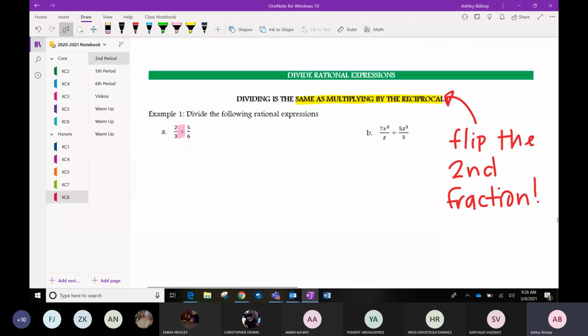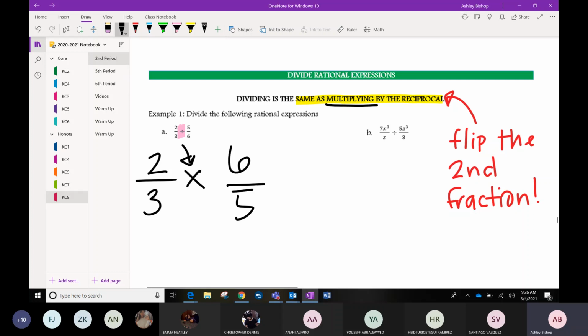For an example, if I were to take 2/3 and divide it by 5/6, I really could do this math by doing 2/3 and multiplying. So I'm going to take the division, change it to multiplication, and flip the second fraction. Division is the same as multiplying by the reciprocal. That's why I say it's the same, and then all the steps are the same. And your calculator can handle this one, which would be 12 over 15.